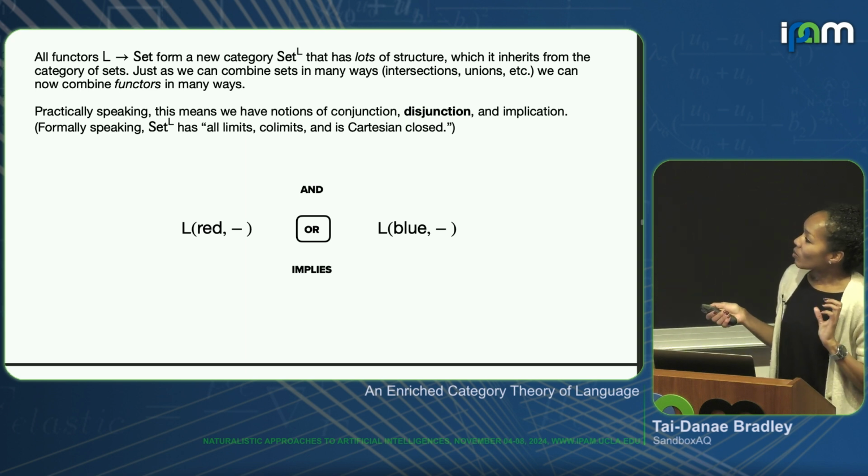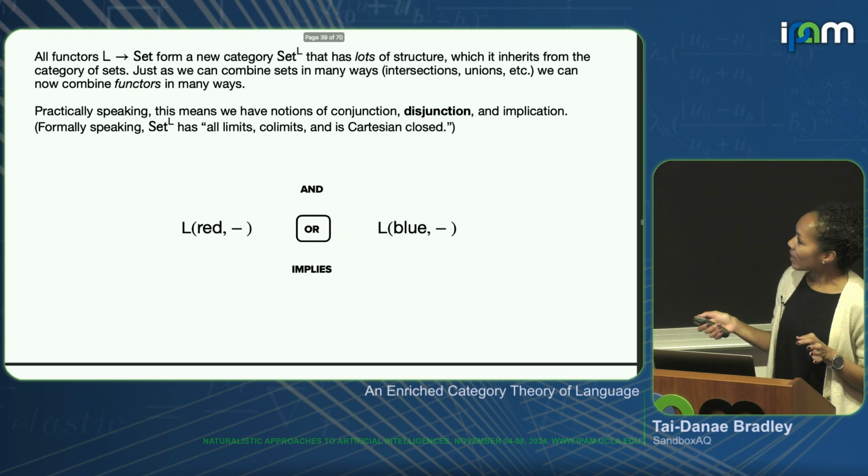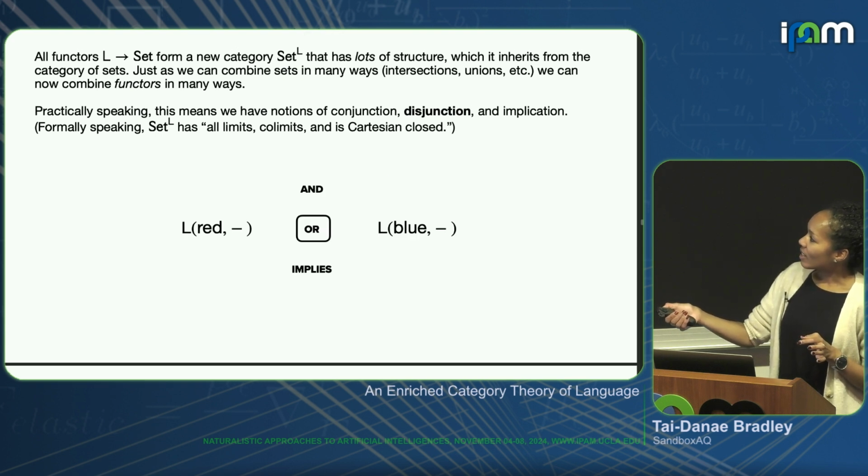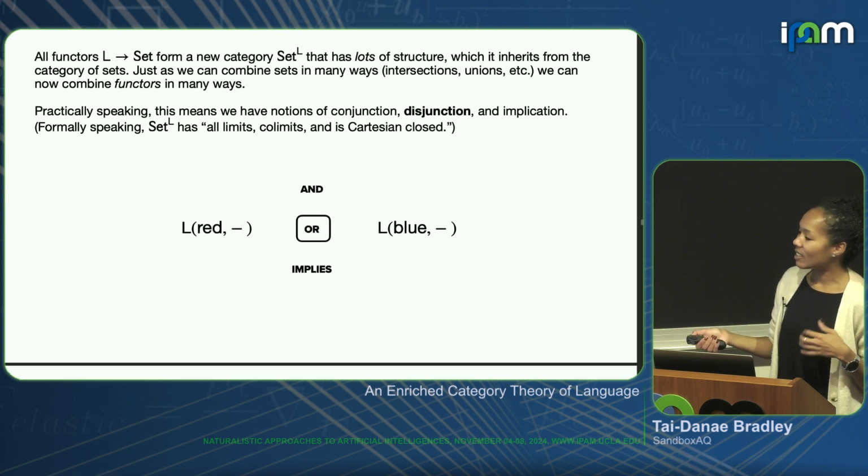So the punchline is, when you unwind what the definitions mean, you end up having something that feels like these logical operations: conjunction, disjunction, and implication of your representable functors. I'll give you a concrete example.